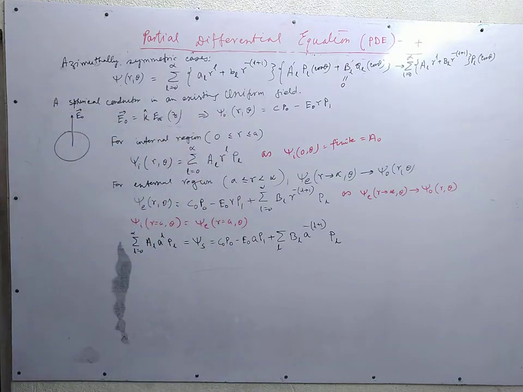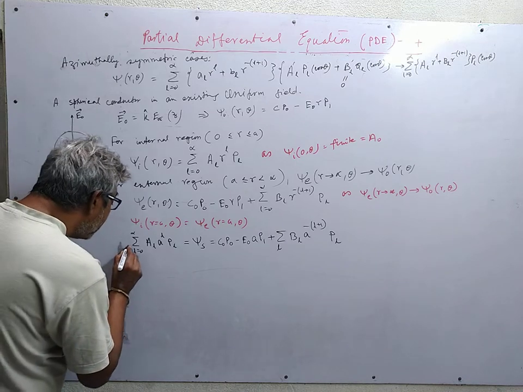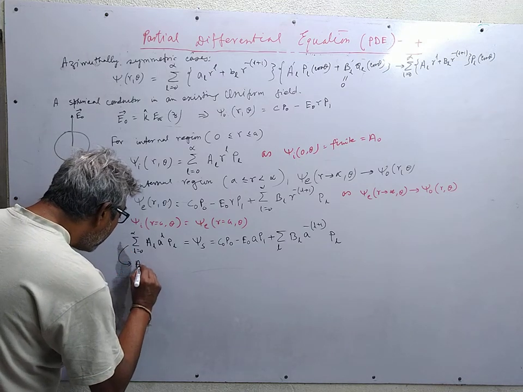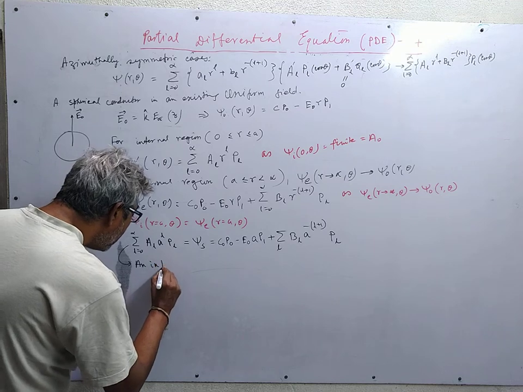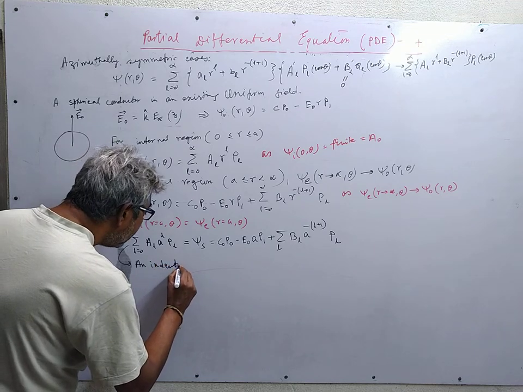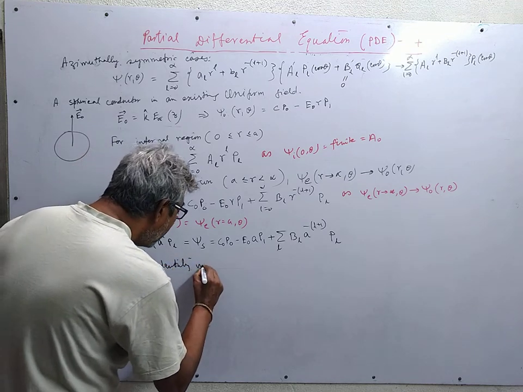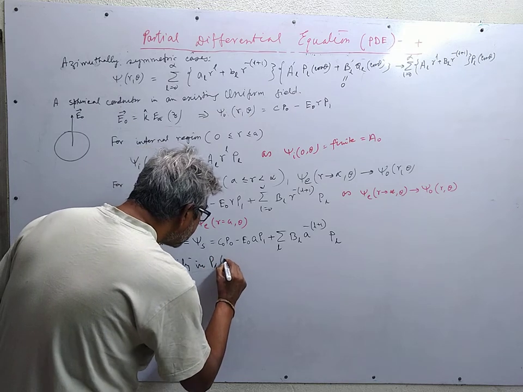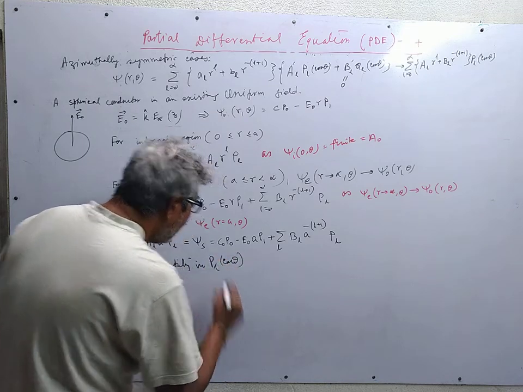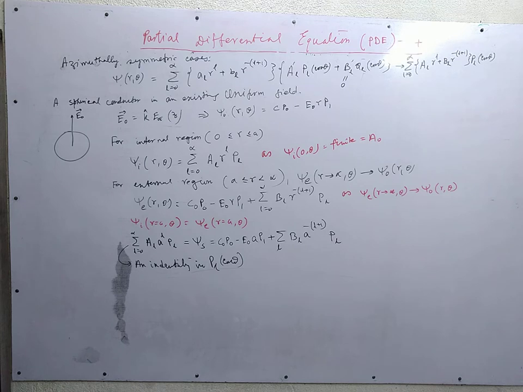This relation is valid for all values of theta. That is, it is an identity in P_L of cos theta. That is, the coefficient of every order of Legendre polynomial must be the same on the left as well as on the right.